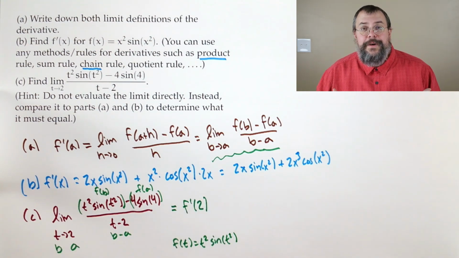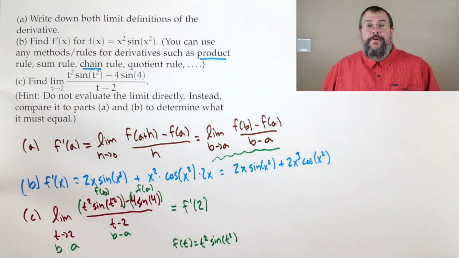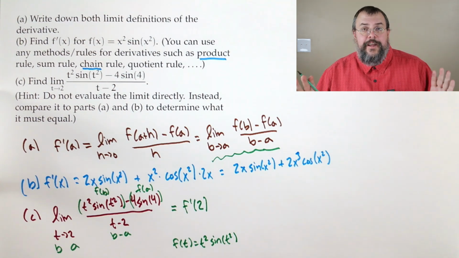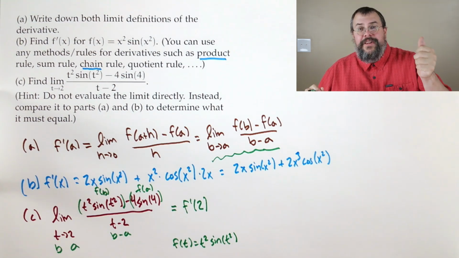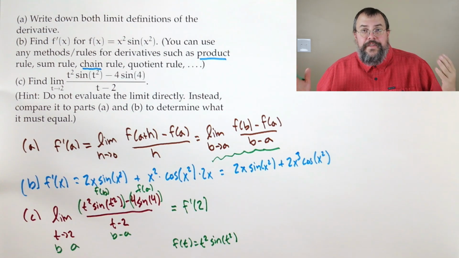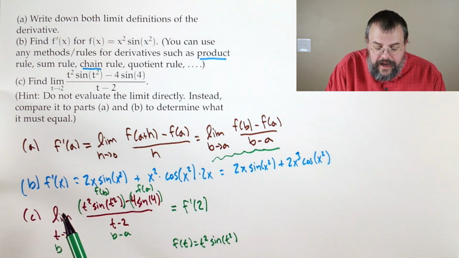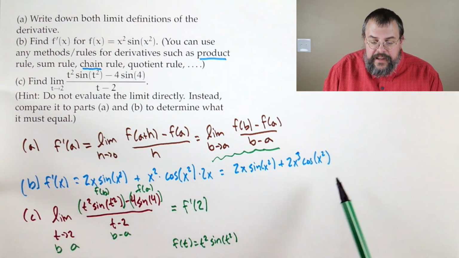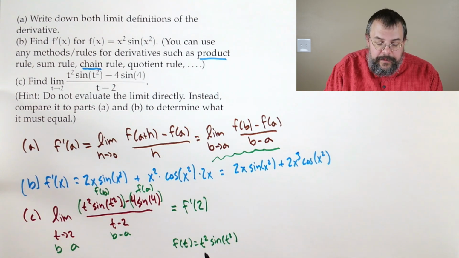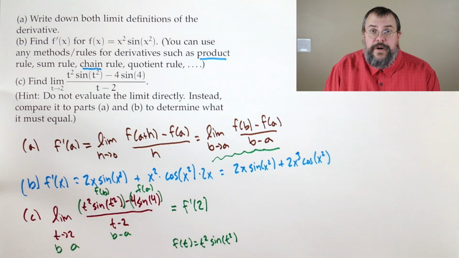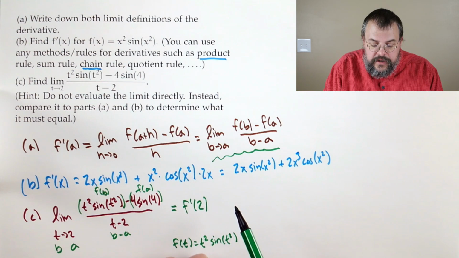So how do we find the limit now? Well, the answer is we don't take the limit. Now we say, hey, I know what this represents. This represents f prime of 2. I go to part B now. Part B says I have a formula for f prime of any value. So that means I also have a formula for f prime of 2. So we plug in 2.